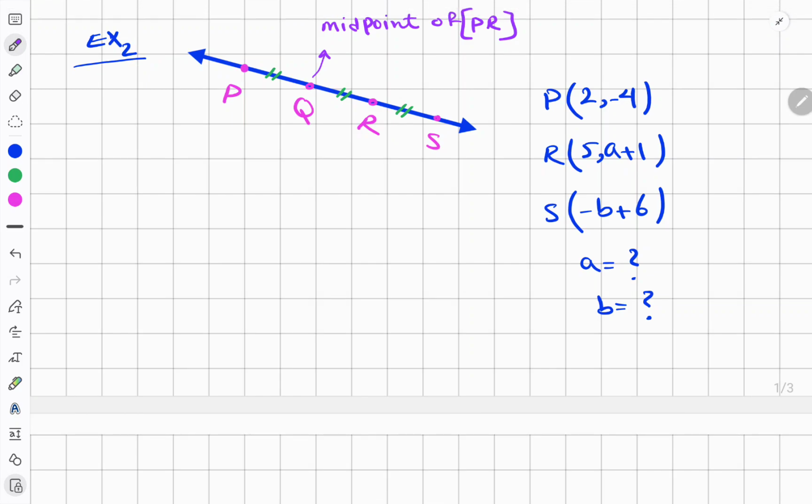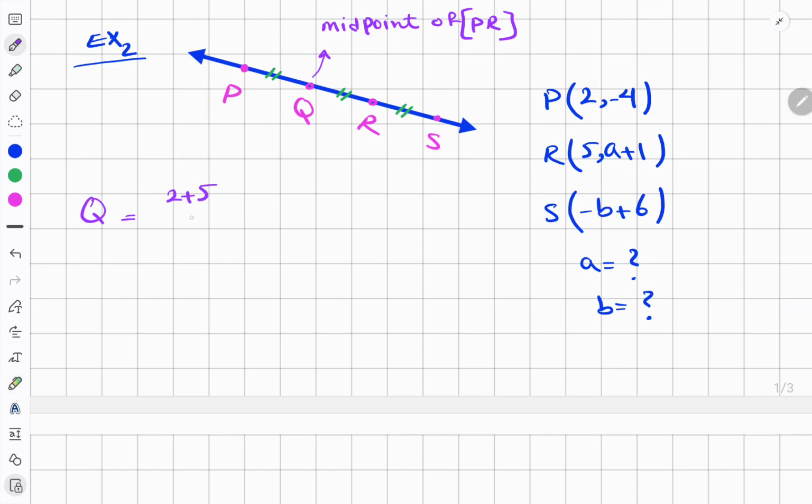For the x coordinate of Q, we should find the average of x's of P and R, which are 2 and 5.